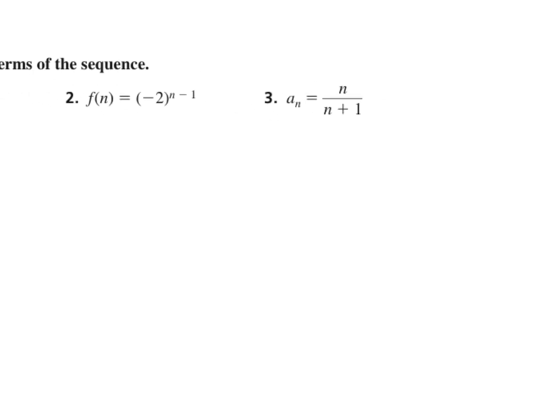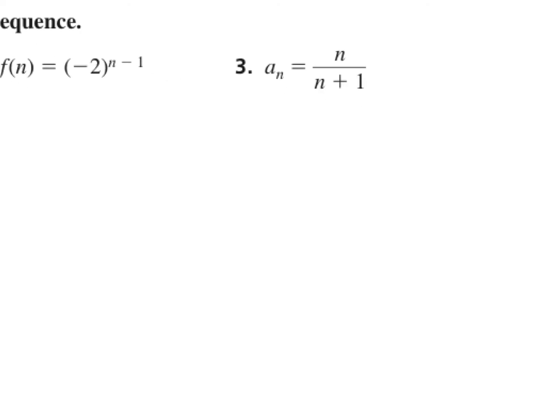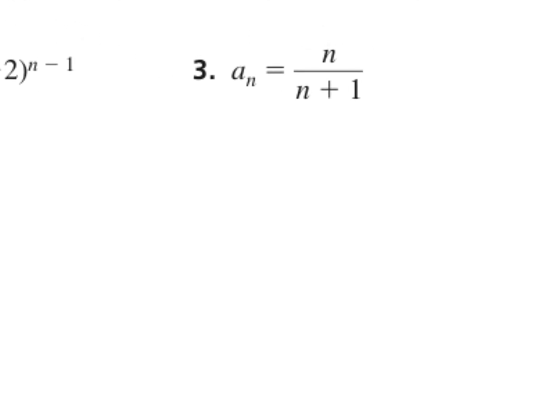So the next page is just some more examples of those. Let's look at number 3 because it's just a little bit different. It tells us, again, to find the first 6 terms. So we have a sub 1 is equal to, we plug in 1 for all of our n's. So what do we get here? 1/2. Awesome.